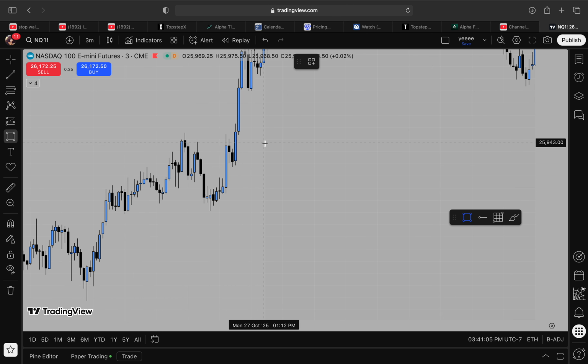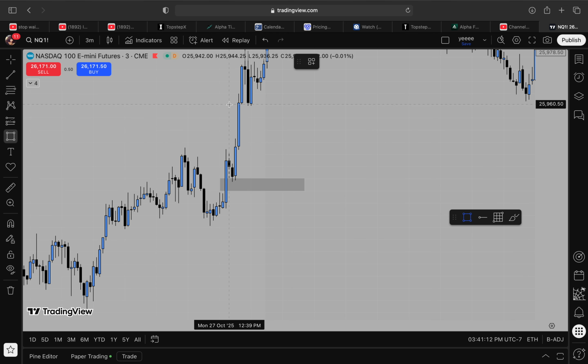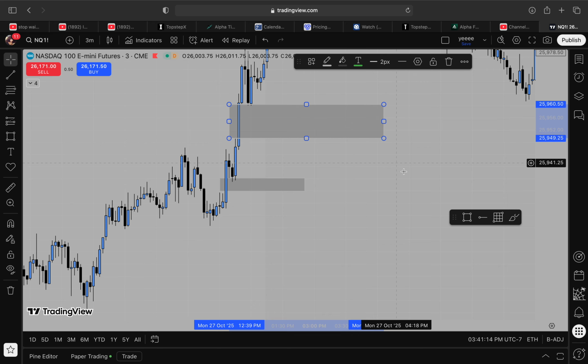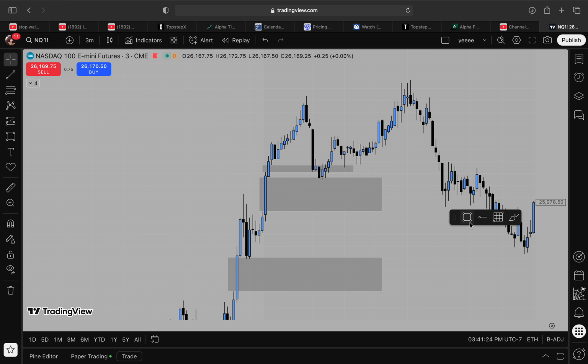Yeah. So if we really want to look at fair value gaps, I could just mark all of them right here. Fair value gaps happen a lot, but price does not react to all of them. Doesn't need to react to all of them. Like this is also a fair value gap. There's a lot of fair value gaps, but not all of them are reacted to.